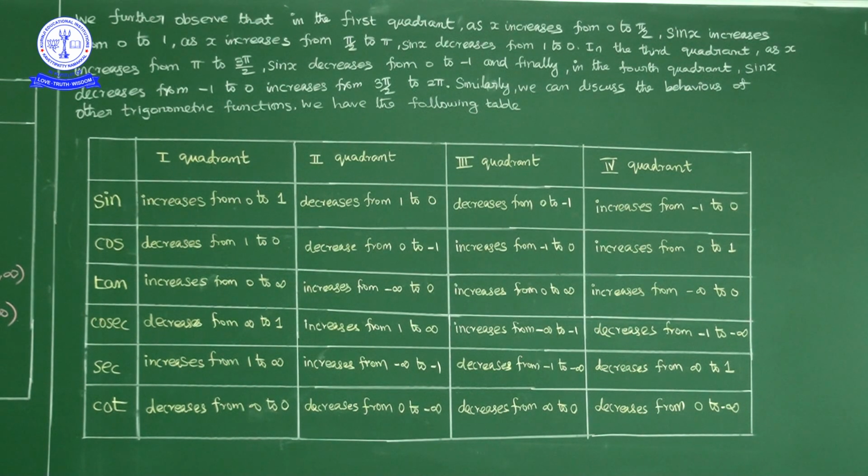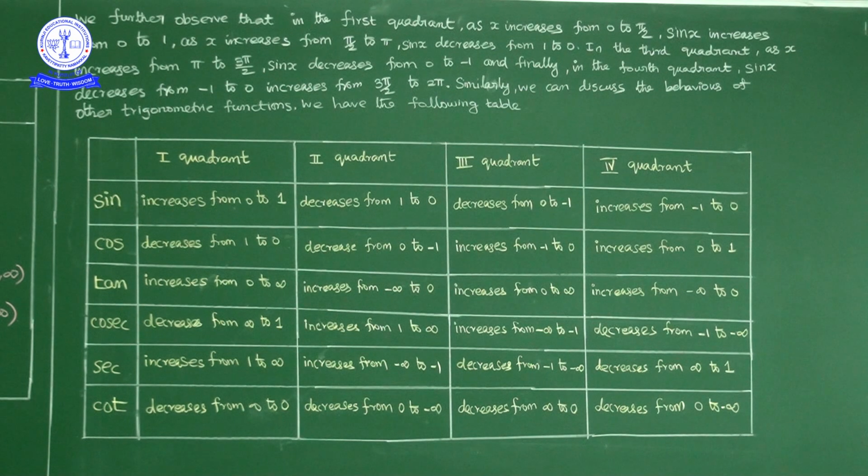Okay. Now as you move further, that is in third quadrant, as x increases from pi to 3 pi by 2, tan x increases from 0 to infinity. 0 to infinity means positive, no? So tan is positive in third quadrant.